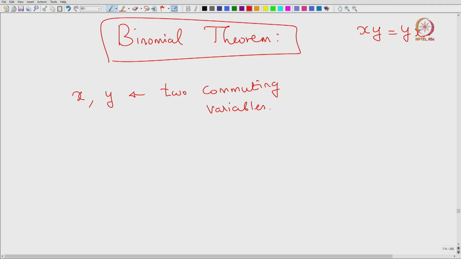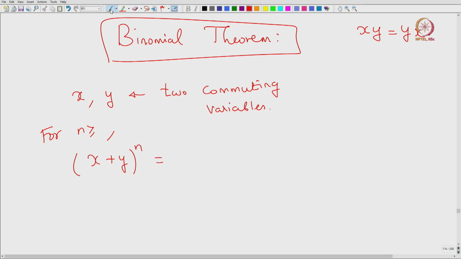We can write it as follows: x plus y power n, for any natural number n, okay, for any n greater than or equal to 1. One can take n to be any integer, not a problem, but let us see it only for n greater than or equal to 0.